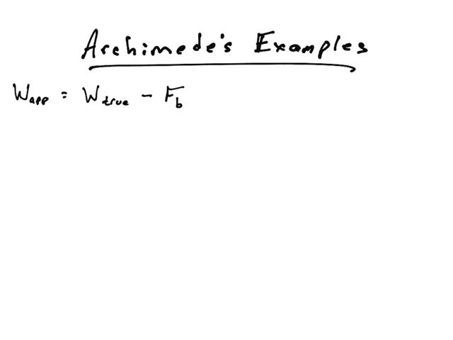So like I said, if you have a weight, you put it in water, you go to lift it, it feels lighter in the water than it does in the air. Why? Well, because the water pushes on the object in such a way as to apply a buoyant force. That buoyant force is trying to lift, it's trying to make that object float.